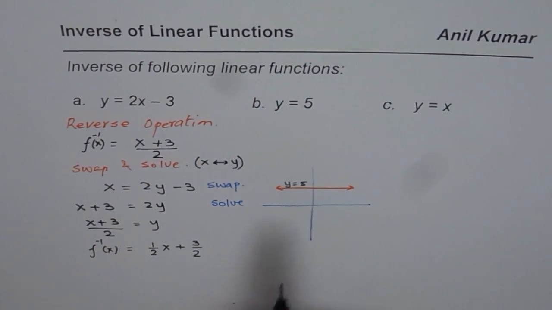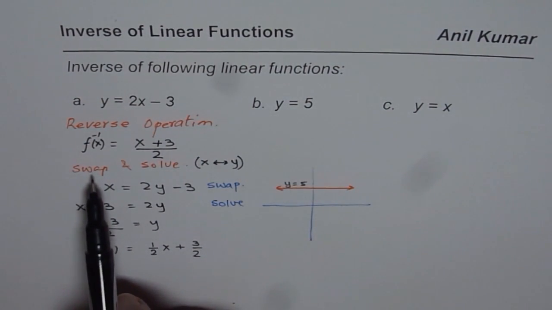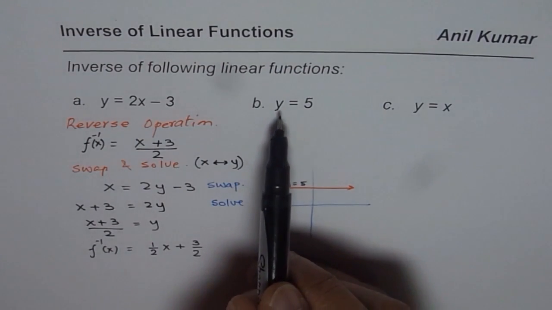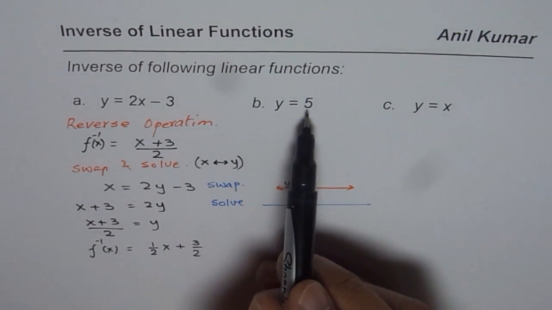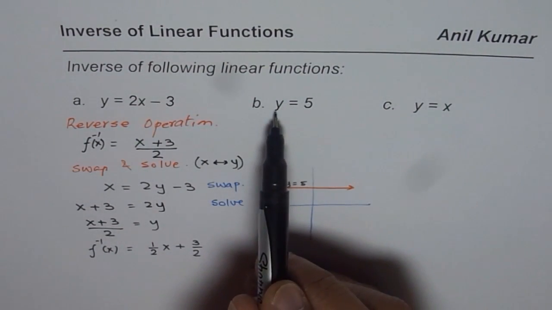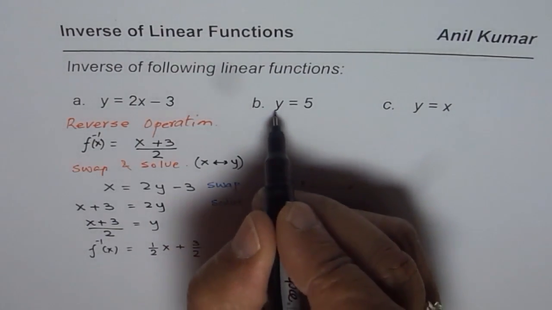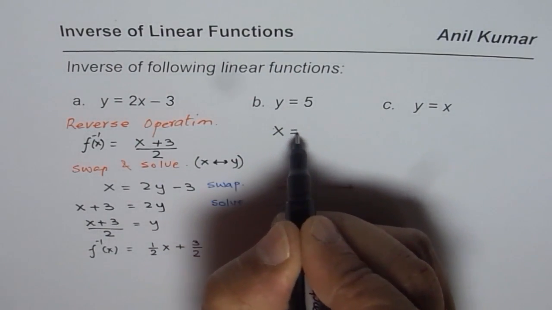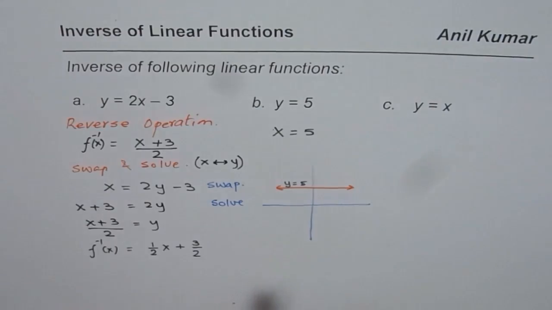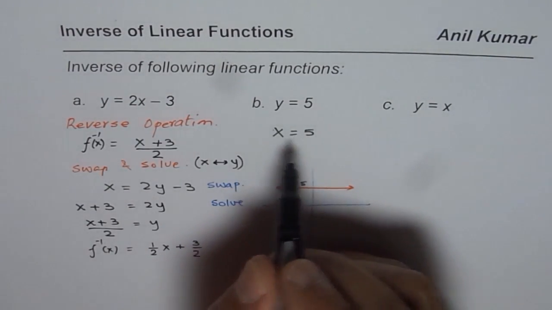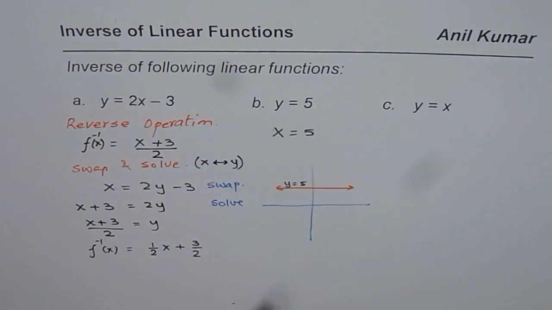Now the inverse of this will be, if we use this method swap and solve, there is no x in the equation, so y will be replaced by x. So when I replace y with x, I get x equals 5. So x equals 5 becomes the inverse of this given function. X equals 5 is actually a vertical line, correct?